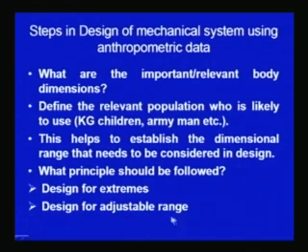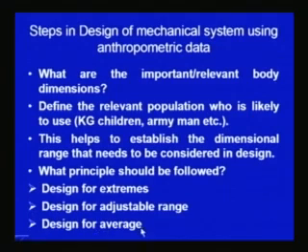Like if people of smaller height can use one chair, then people of higher height can also use the same chair by adjusting its position. So, the adjustable range feature is included in mechanical systems like computer chairs and bicycles, where people of different heights can use the systems.